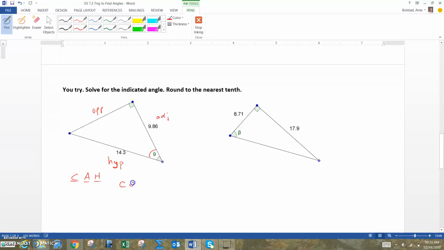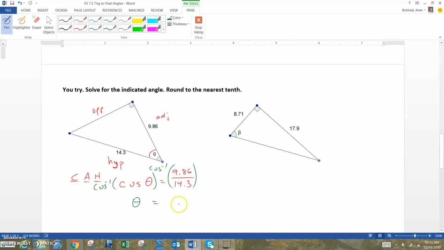I would think of that as cosine is the adjacent over the hypotenuse. So we would write cosine of theta equals adjacent side 9.86 divided by 14.3. To get rid of cosine, we have to use its inverse. So we would write inverse cosine of the cosine of theta, and then we would also take the inverse cosine of the right side. So we would have what? Inverse cosine and cosine cancel each other out.